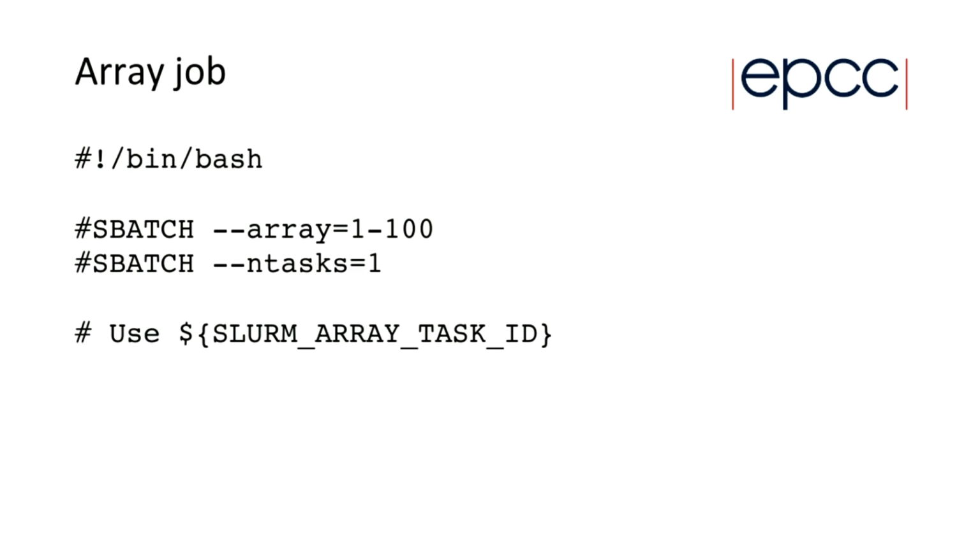The important thing to remember about array jobs is that the resource requirement you request is a request per element of the array. So each of the 100 instances of this thing, in this case, will ask for 1 task, i.e. 1 core only.